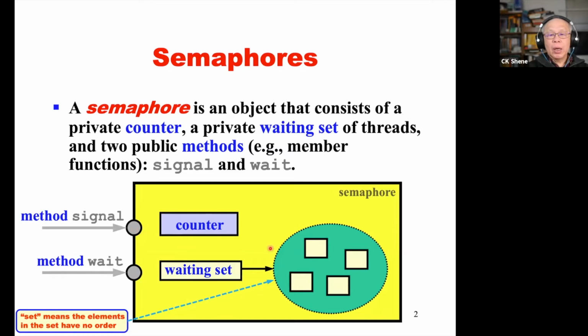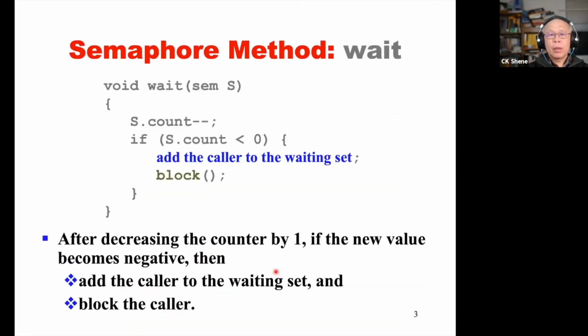When you can go, it means one of these 4 will be chosen. Again, what kind of order for releasing a thread from the waiting set is unknown. We will return to this point later.